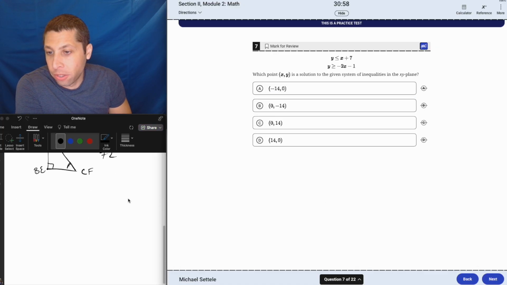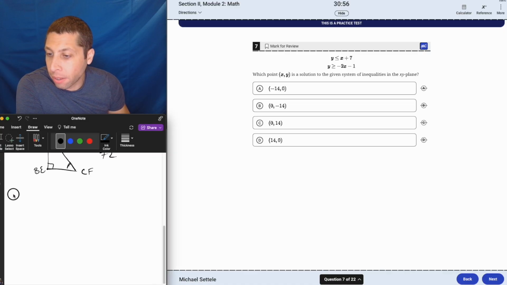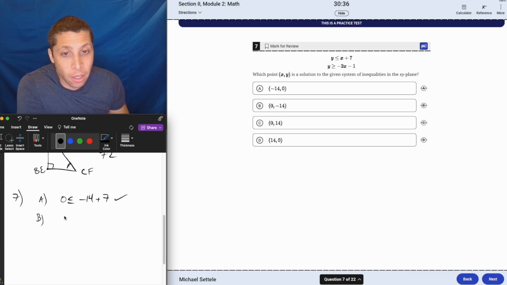Plug points into equations. So simple. Don't bother graphing this. It's all zeros. So let's just do it one equation at a time, I guess. So choice A in the first equation is 0 is less than negative 14 plus 7. So negative 14 plus 7 is negative 7. So that's true. Let's just do all of them. Same point.